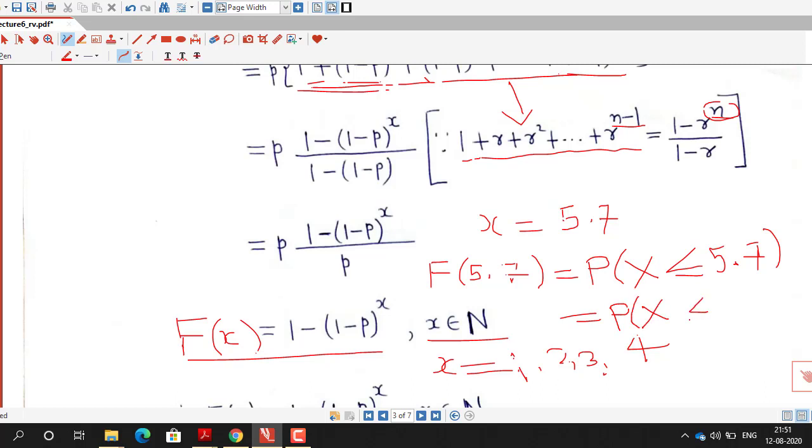So this I can rewrite as X is less than or equal to 5, that is f of 5. So in this way, for any real number between 5 and 6, which can be equal to 5 also, f of x will always be equal to f of 5.